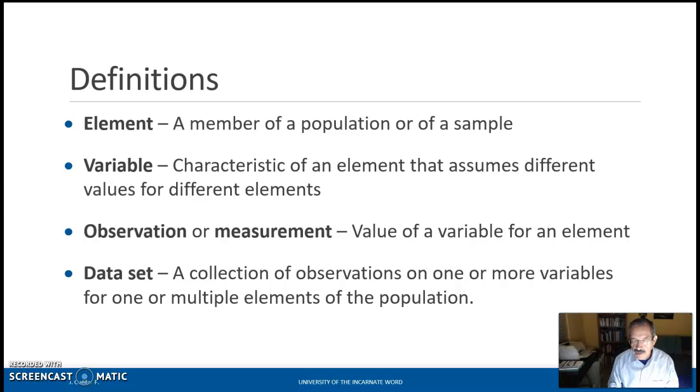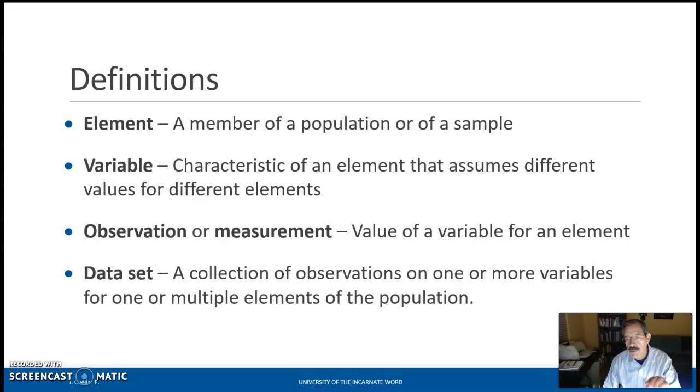In this case, the variable is called weight, and that means we're going to ask a person to step on a scale under certain conditions, and we assess the weight of the first individual. Then we go and measure the weight of the second individual and the weight of the third, and so forth, until we have the weights of all the elements in the sample or in the population. That characteristic that we measure is called the variable.